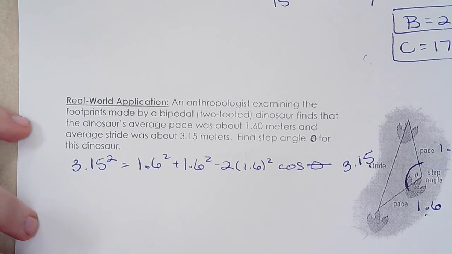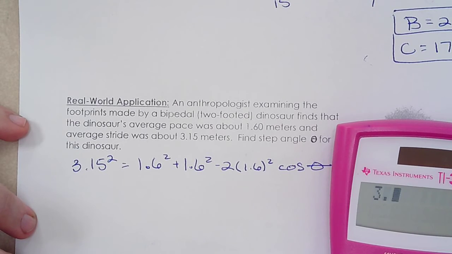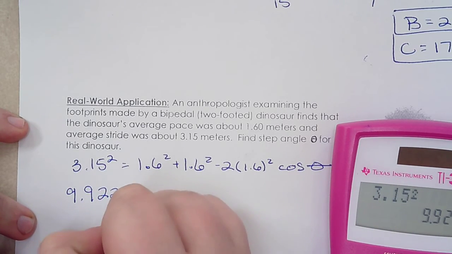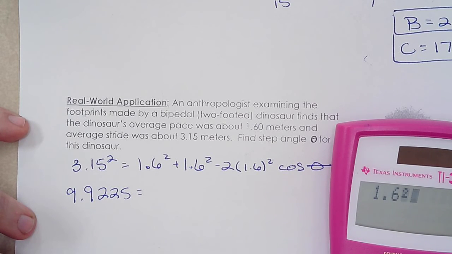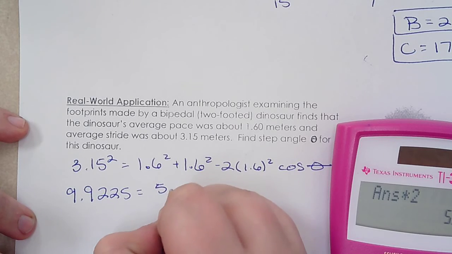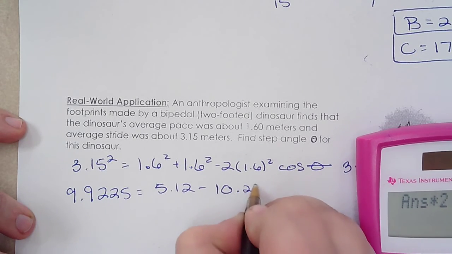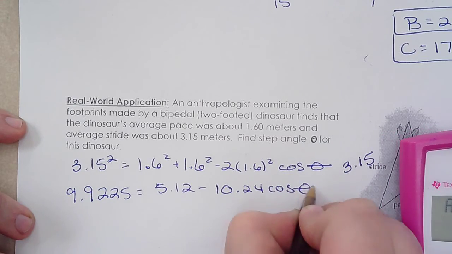All right, let's do a little simplifying. 3.15 squared, 9.9225 equals 1.6 squared times 2, 5.12, minus, that's just going to be twice that, so 10.24 cos theta.